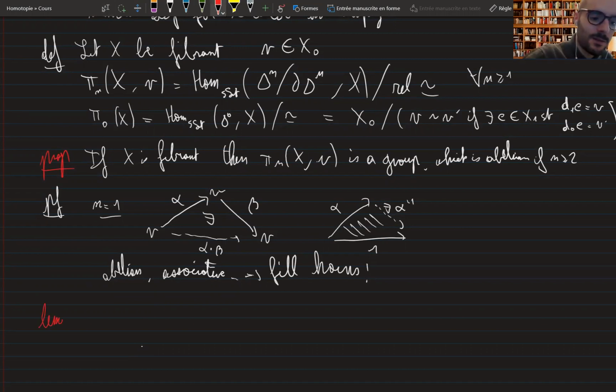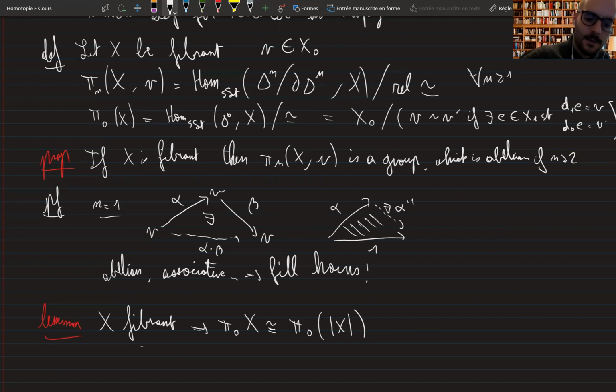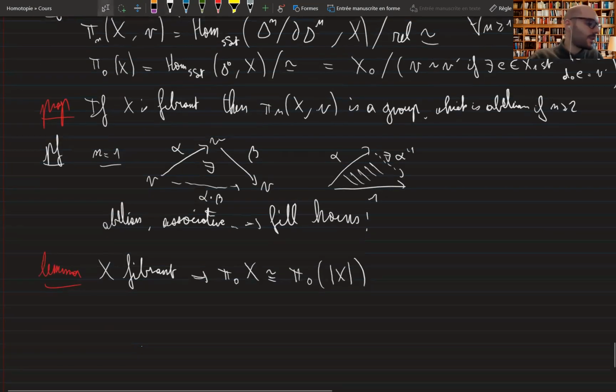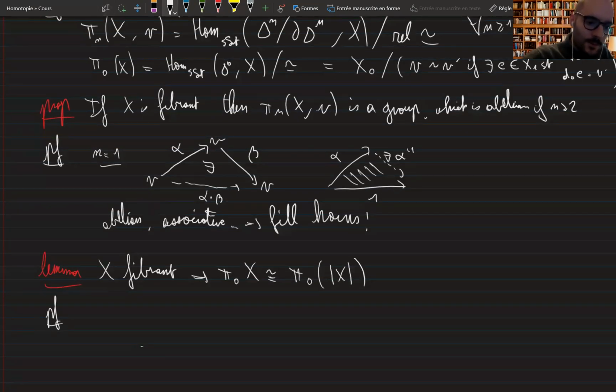Okay, so first of all, a lemma. π_0 of X, defined like this, is in bijection really to the path connected components of the geometric realization, which is not obvious. So proof.